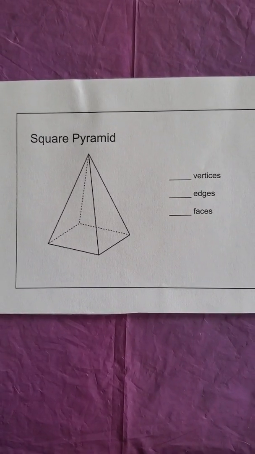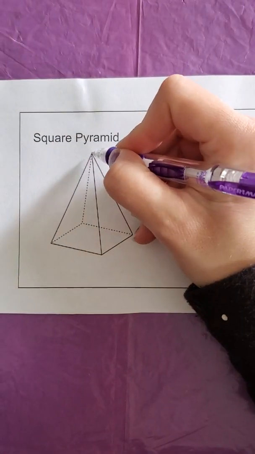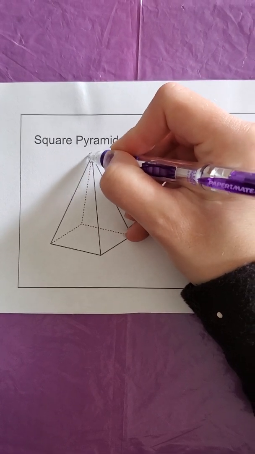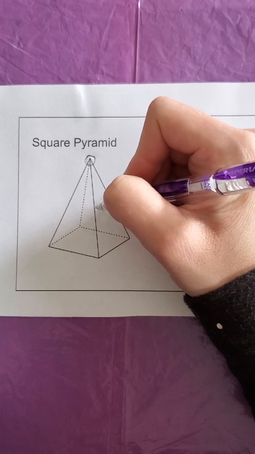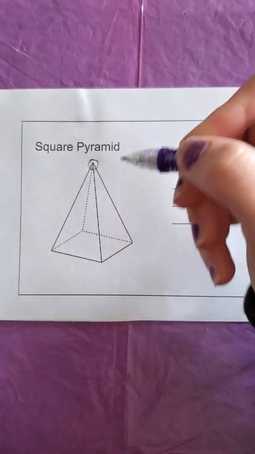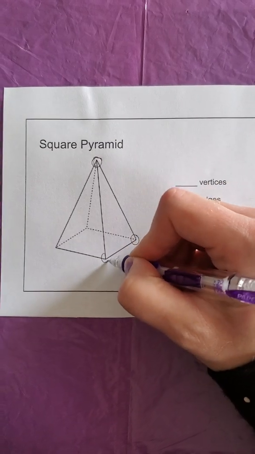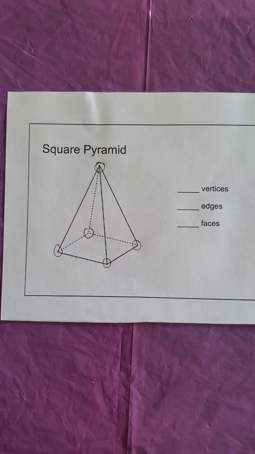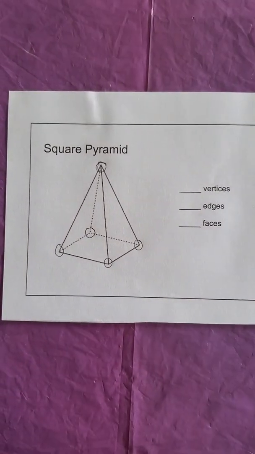Let's count the vertices. So here's one where it comes to one common vertex, and notice that all the other faces are triangles. So here's one vertex, 2, 3, 4, 5. So we have 5 vertices.